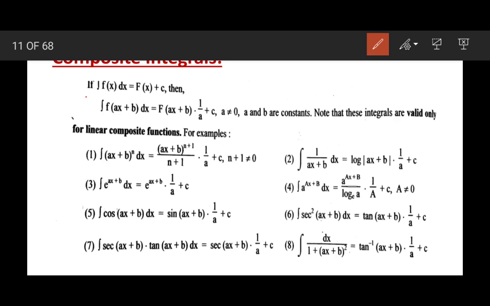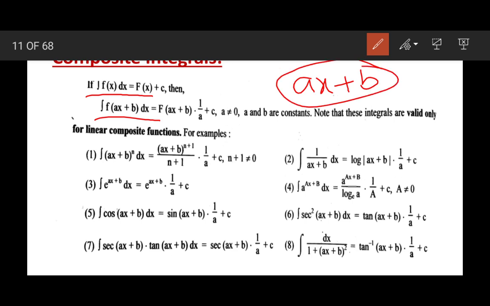if integral of f of x dx is, suppose, capital F of x plus c, then integral of f of ax plus b, we can find composite integral only for linear functions, of the ax plus b type. So integral of f of ax plus b dx is F of ax plus b into 1 upon a.